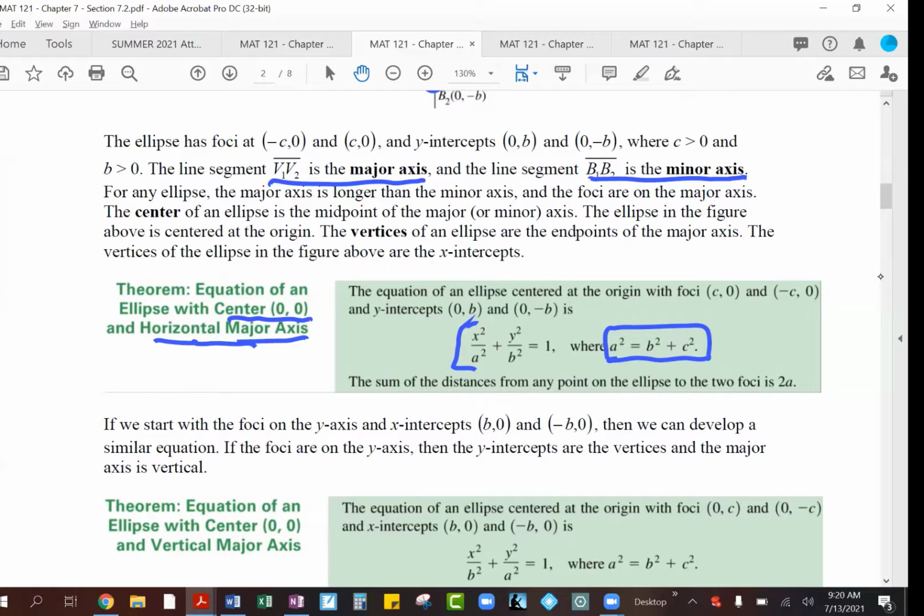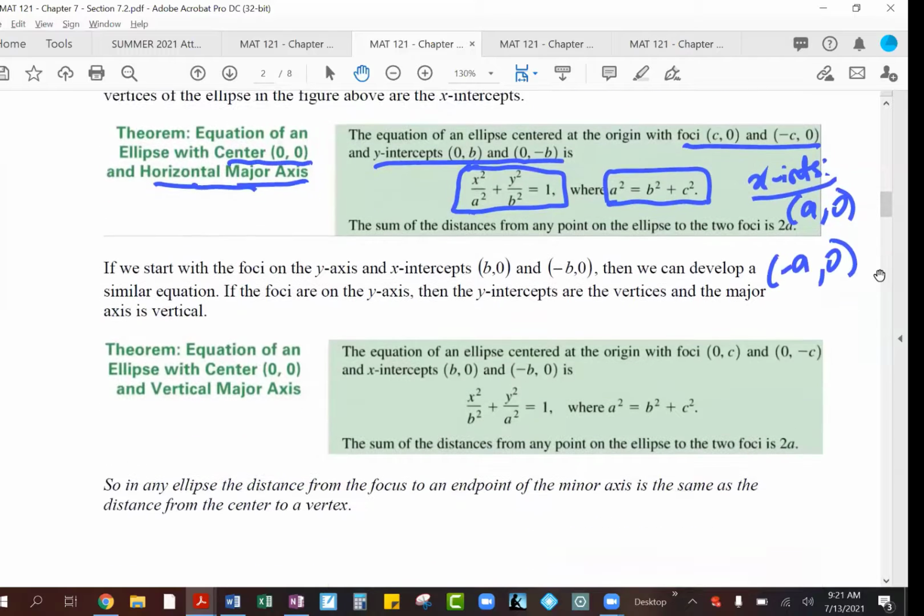So you will need to know what this relationship is. So remember, this is with the ellipse. Your focus points or foci are at (c, 0) and (negative c, 0). Like I said, your y-intercepts are at (0, b) and (0, negative b). And if it helps, you can think of your x-intercepts at (a, 0) and (negative a, 0).